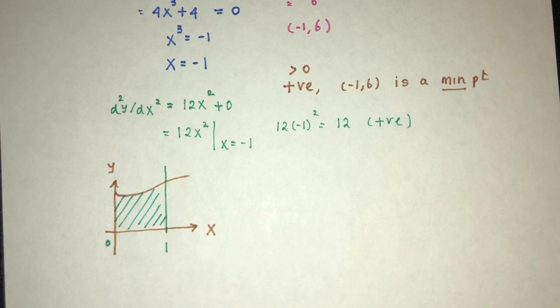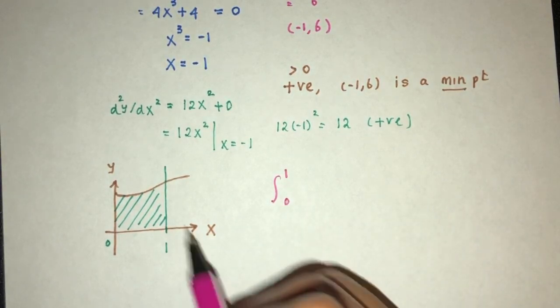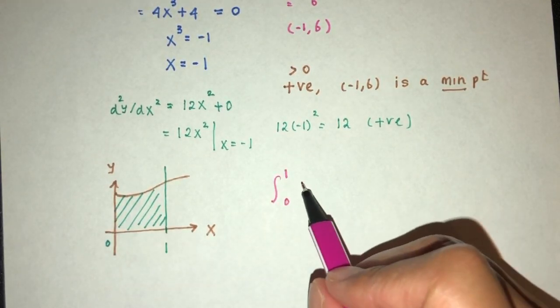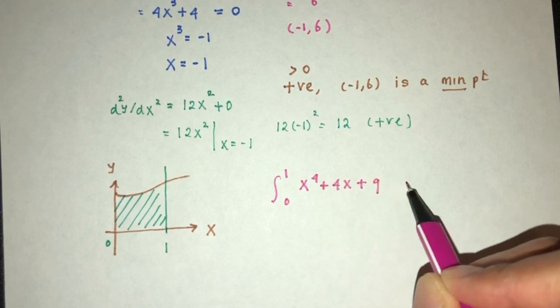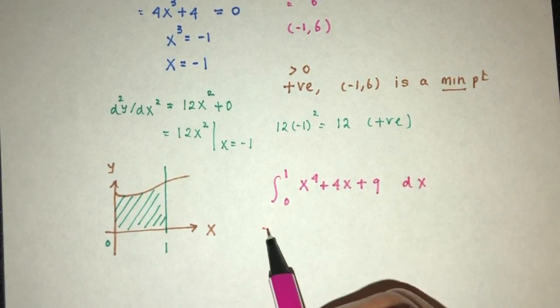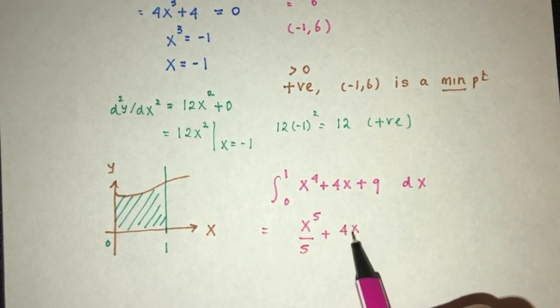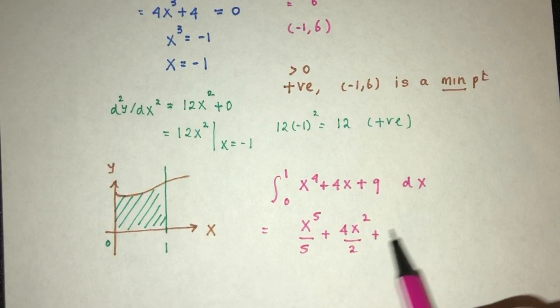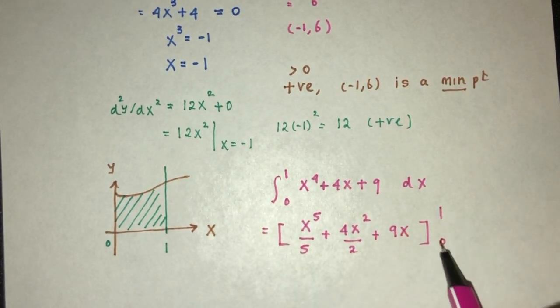So pretty easy. How do you find area on the graph? We use integration. That will be limits of 1, 0, and y is given to you by x power 4 plus 4x plus 9, and dx, obviously. That will be x to the 5 over 5 plus 4x squared over 2 and plus 9x. And limits will be 1 and 0.